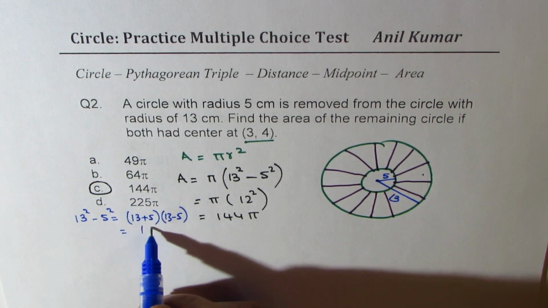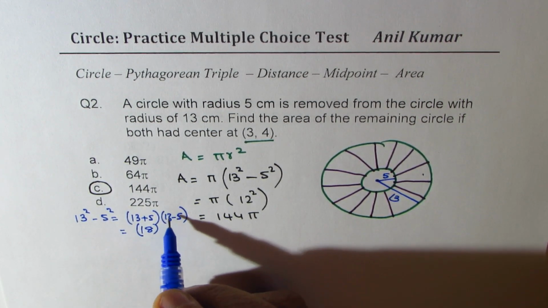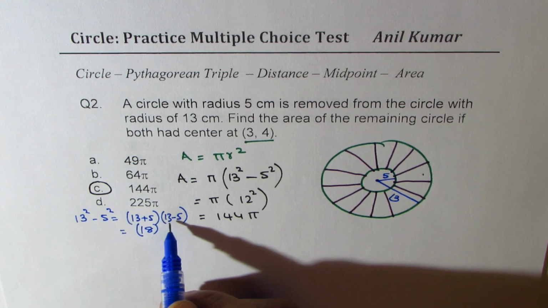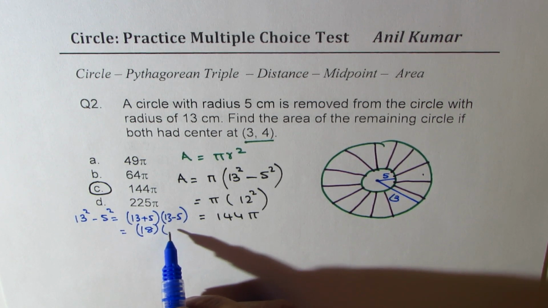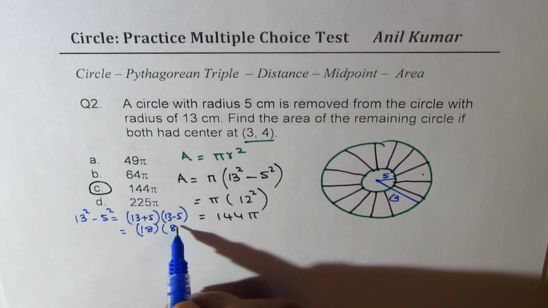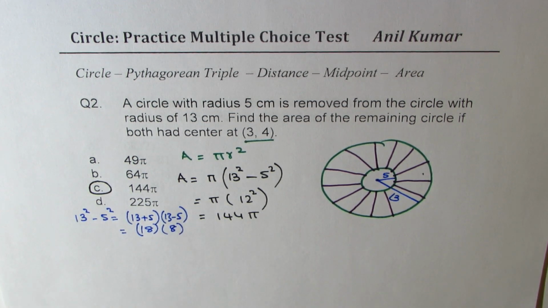So it gives you 18 times 13 take away 5, which is 8. So 8 times 18 will also give you the same result, 144.